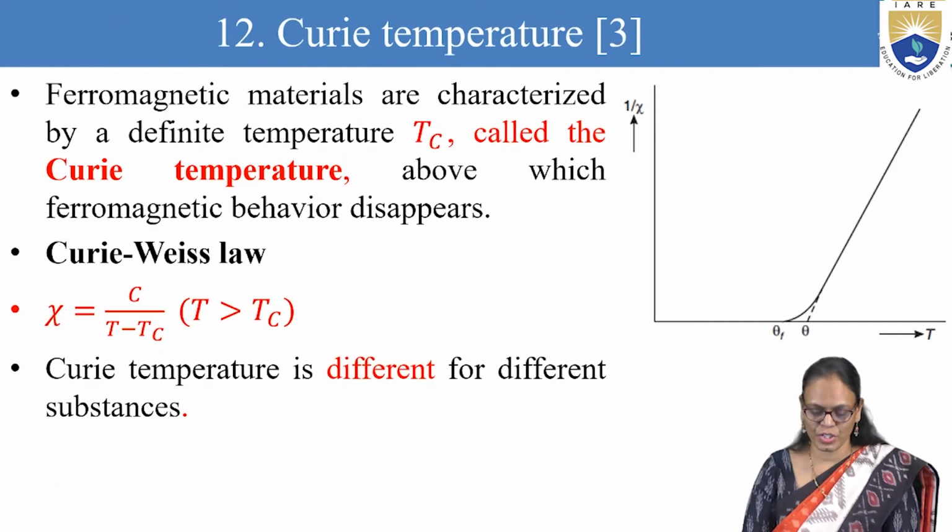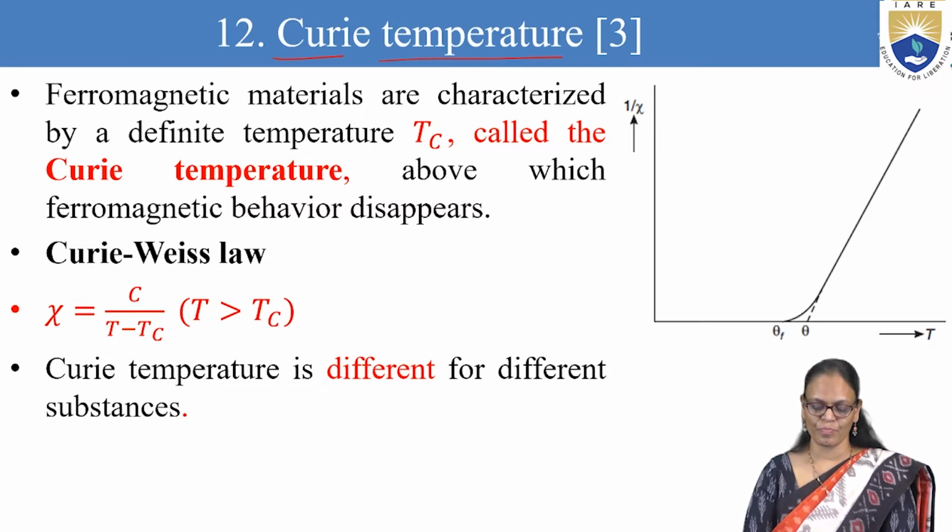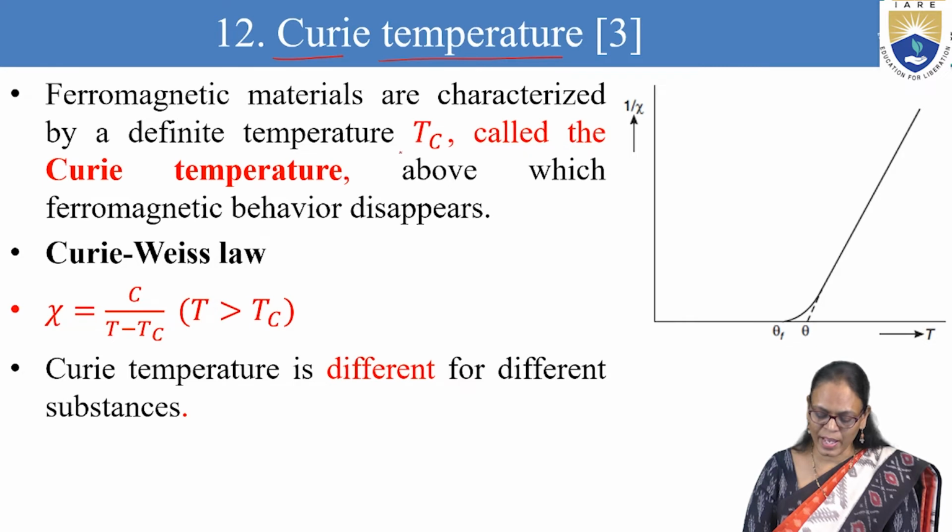Now, the next question: what is Curie temperature, or define Curie temperature? Whenever we take ferromagnetic materials, up to a certain temperature called the Curie temperature, they exhibit ferromagnetic properties. When we increase the temperature beyond the Curie temperature, the ferromagnetic behavior disappears.